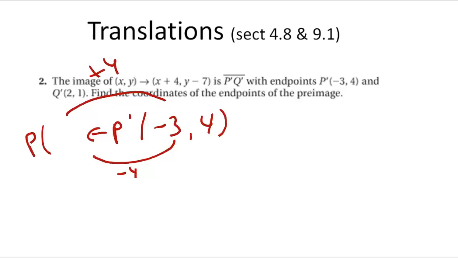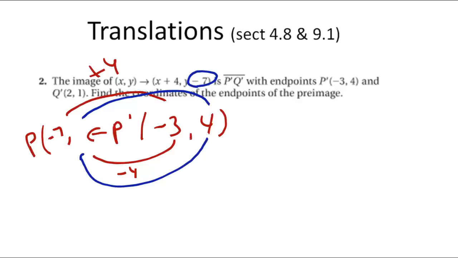So -3 minus 4 means I was originally at -7. Right here at my 4, originally they wanted me to subtract 7. So when I go back the other way, I'm going to have to add 7. 4 plus 7 is 11. Therefore, my P value is at -7, 11.